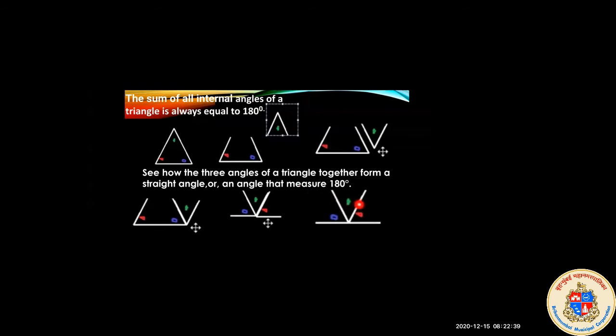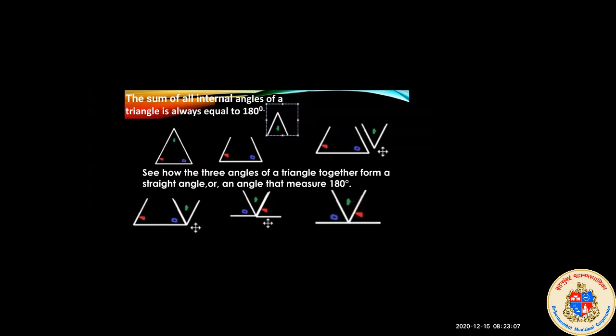That means their measurement is 180 degrees. If you measure all the angles, then you will get 180 degrees. So like that, for any triangle, the total measurement will be 180 degrees. If you add all the angles of any triangle, you will always get 180 degrees.